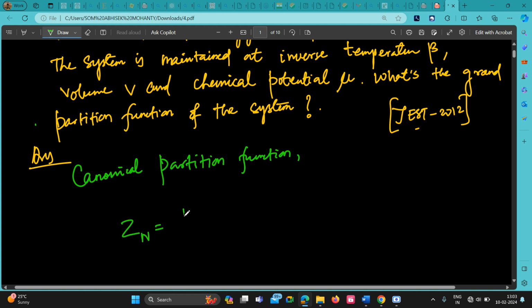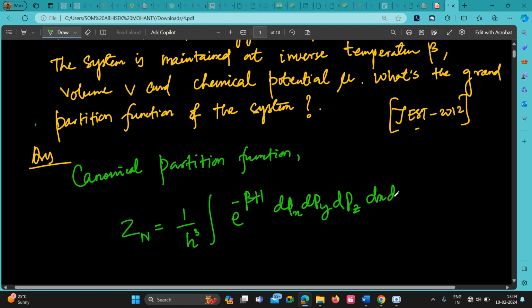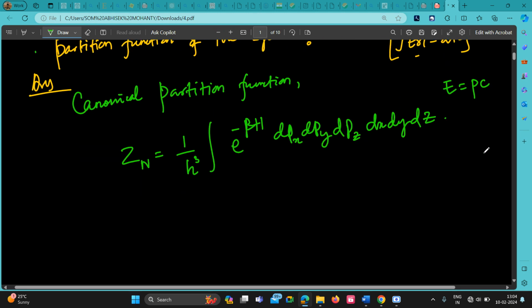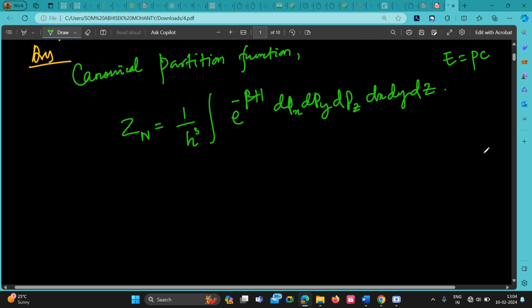Zn is equal to 1 by h cube, integration of e to the power minus beta H dpx dpy dpz dx dy dz. And we know E is equal to pc. So how do we do this from here?